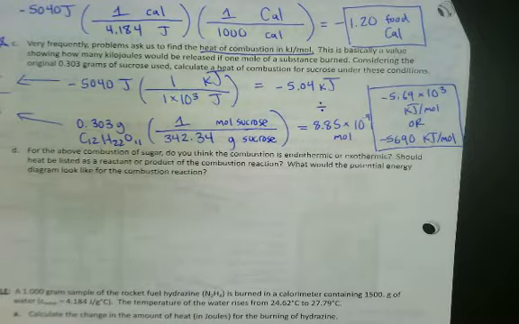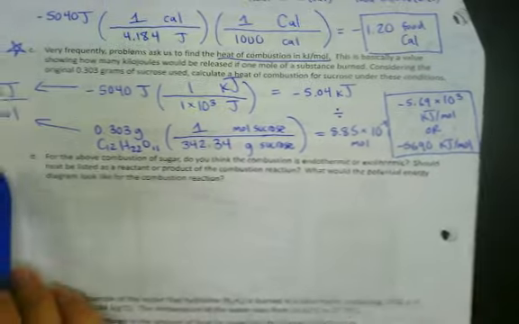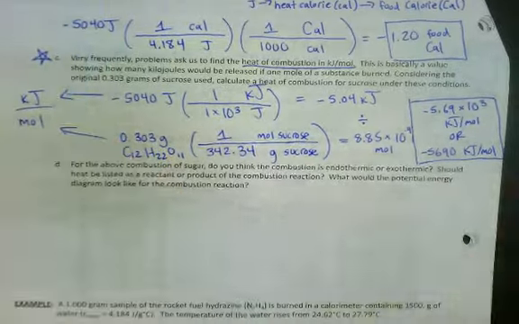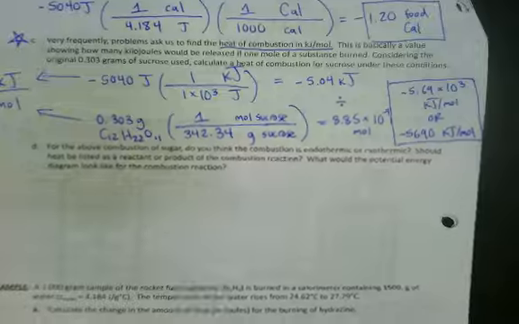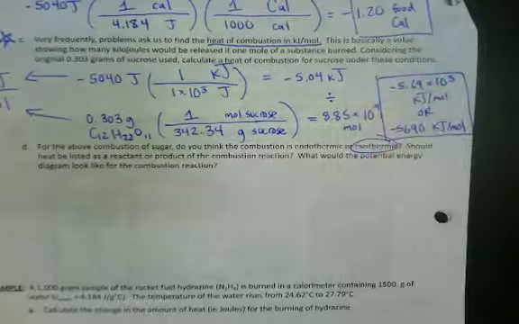So if we are releasing this much energy from our combustion of our sugar, would you say that this combustion, or any combustion reaction for that matter, is endo or exothermic, y'all? Exothermic.